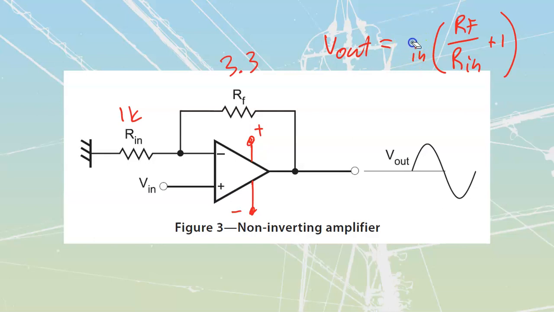My voltage input is 1 volt peak to peak, my feedback is 3.3, my input is 1.0. So we take this 3.3 over 1, and it becomes 4.3 by the time we add in this plus 1. Multiply that by my value of 1, and we see that my output voltage for a 1 volt input is going to be 4.3 volts peak to peak out.